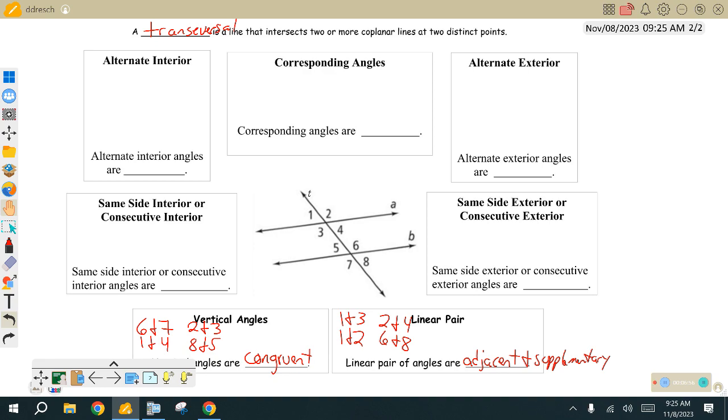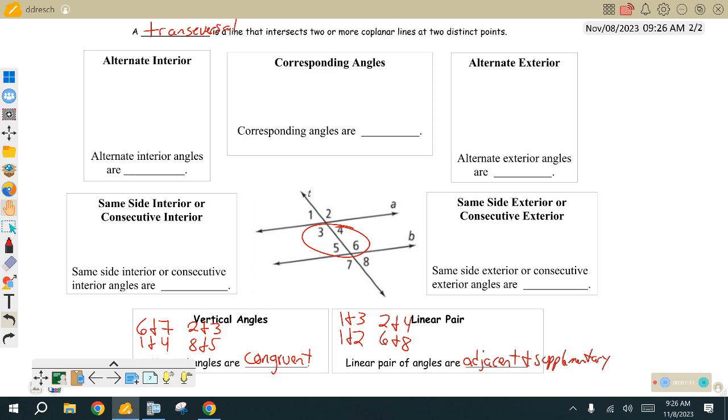Now, let's bring in the next piece of that. The same side. Same side of what? Line T, the transversal. Exactly. It's the same side of the transversal. So first, the interior narrowed it down to those 4. The same side is referring to the same side of the transversal. So when we bring those 2 things together, you have to finish this off.